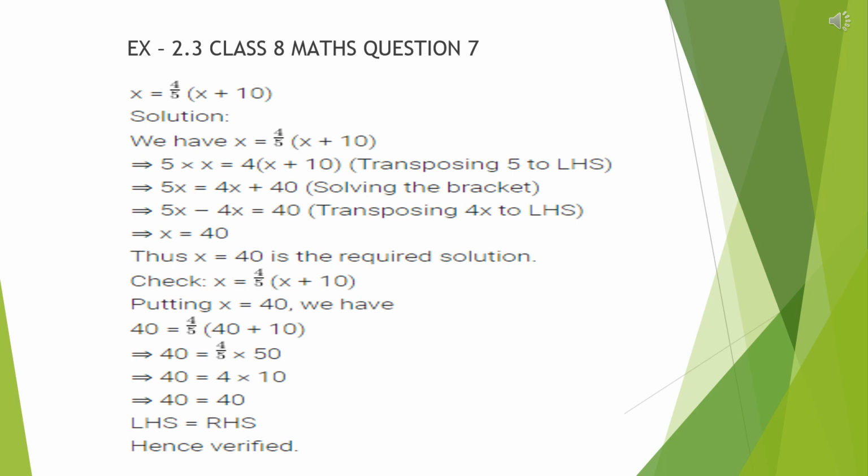After putting the value, we will get 4/5 (40 + 10). Firstly we will solve the bracket. After solving the bracket, we will get 4/5 into 50. Now we divide 50 by 5. After division, we will get 4 into 10, that is equal to 40. Now LHS equals RHS, hence verified.